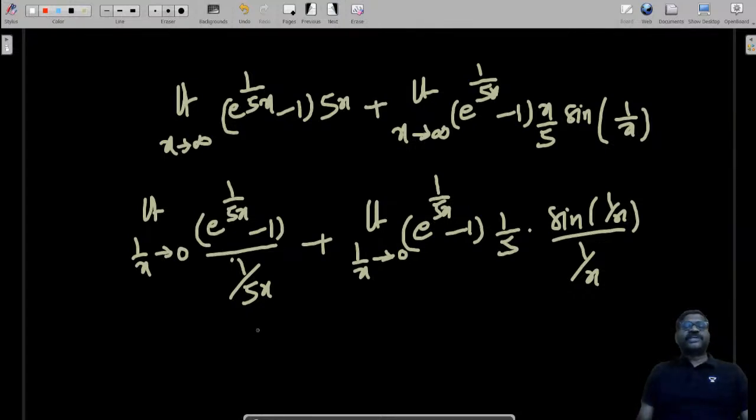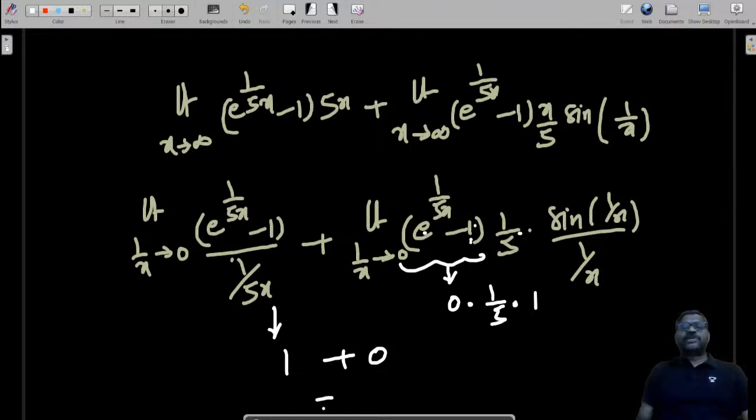When 1 by x is tending to 0, e power 1 by 5x minus 1 by 5x is 1. This is 1 minus 1, 0, 0 into 1 by 5 into 1. Finally 0. 1 plus 0 is 1. Therefore, the value of limit is 1.